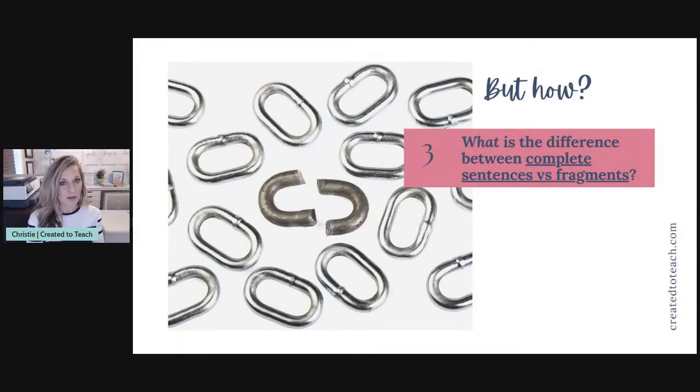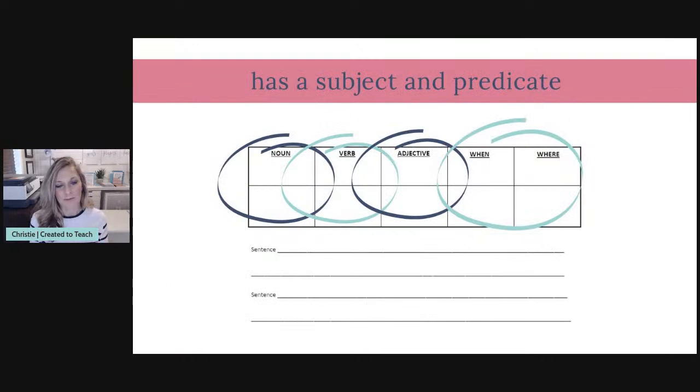So again, articles, nouns, verbs, adjectives, and then also complete versus fragment sentences, subject, predicate. Those are all foundational skills that we have to provide these students. These are individual lessons prior to expecting them to put it all together.